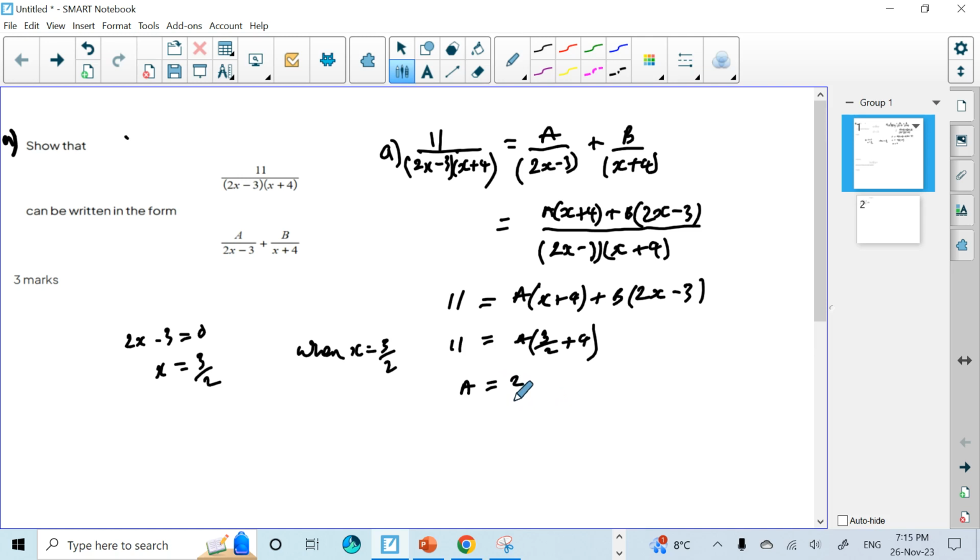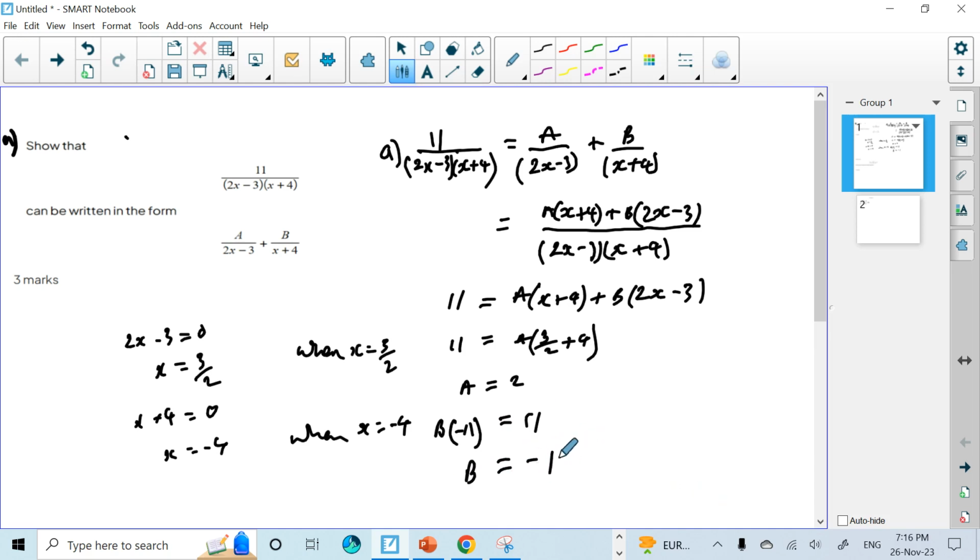And when x is equal to minus 4, so I've got x plus 4 equals 0, so x is equal to minus 4, and when x is equal to minus 4, we've got b times minus 11, so minus 11b is equal to 11, and therefore b is equal to minus 1.